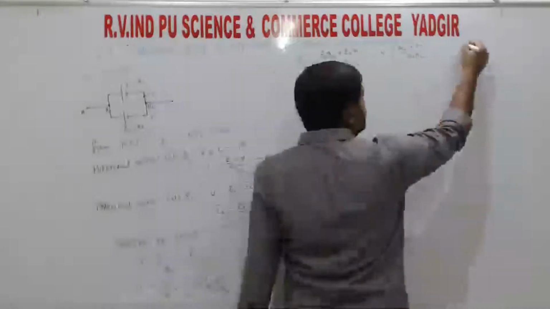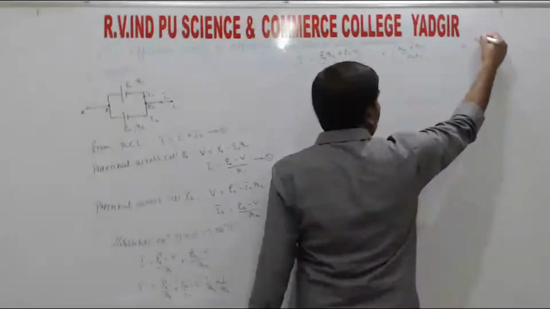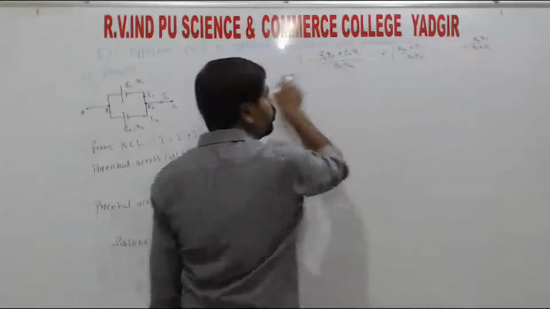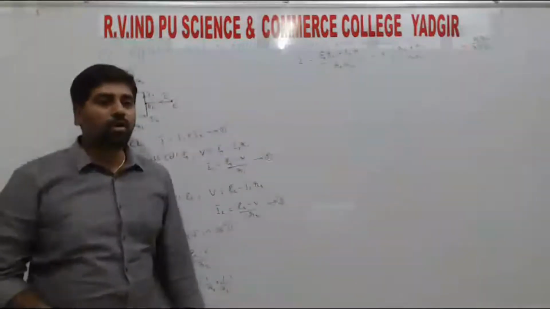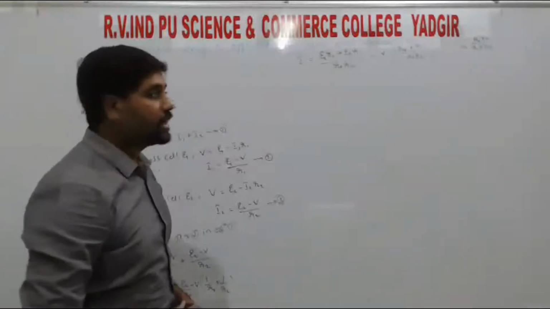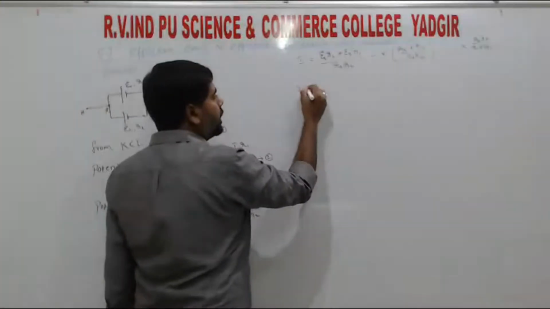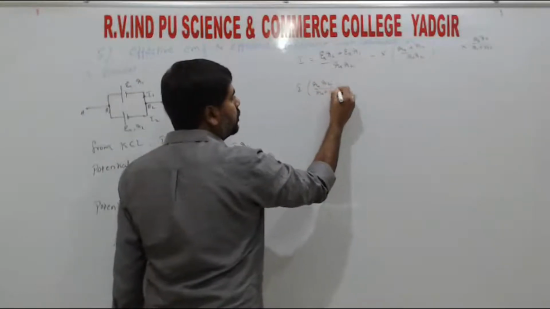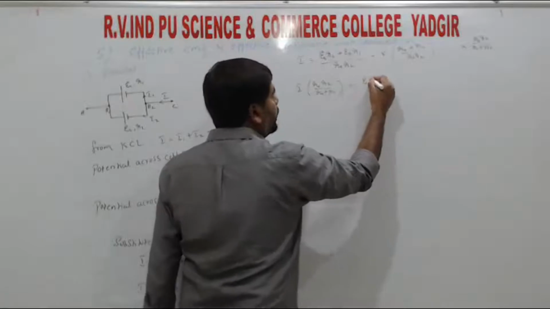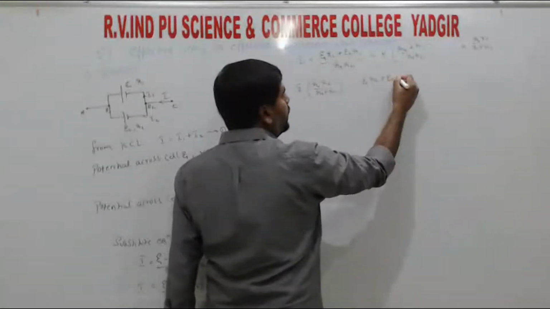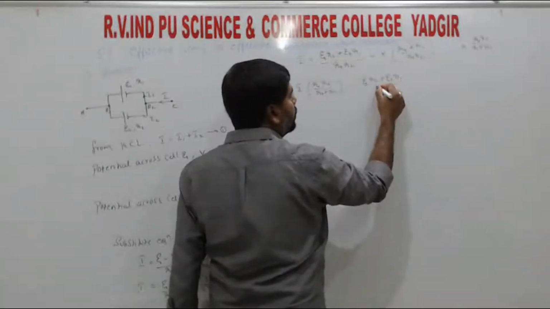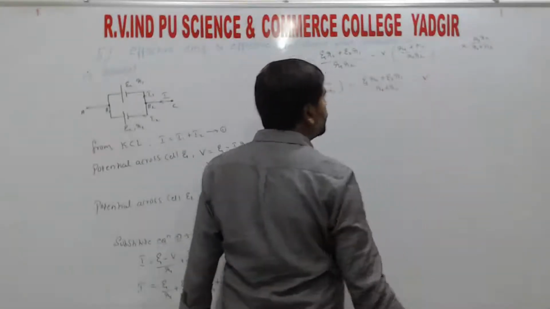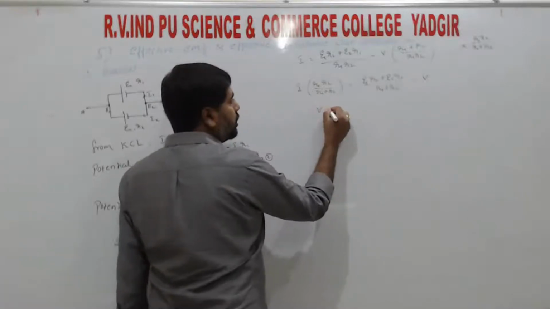Now we multiply this whole equation by R1 R2 divided by R1 plus R2, right? So I into R1 R2 divided by R1 plus R2 is equal to E1 R2 plus E2 R1 divided by R1 plus R2 minus V. What we need is V, right?